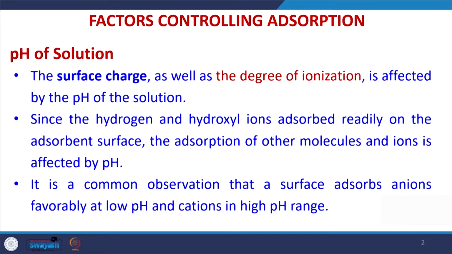So, the pH of wastewater is a very important aspect which affects the adsorption process, and if the surface charge varies, then we have to modify the adsorbent property in such a manner that we can still remove that pollutant. Suppose the pH is high, and under that condition the desired pollutant which has to be removed is in ionized form and it is positively charged.